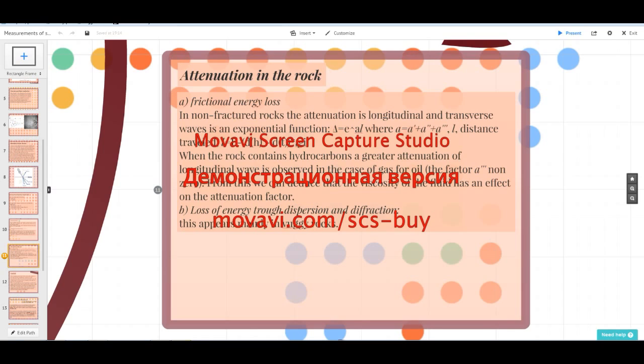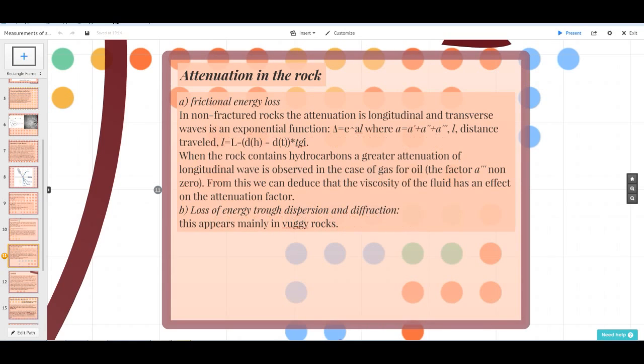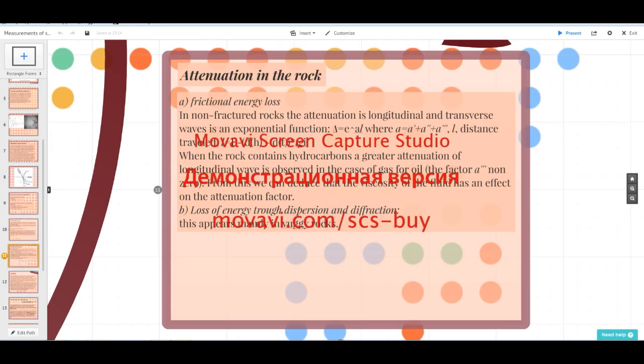In the case of gas or oil, the factor A is non-zero. From this we can deduce that the viscosity of the fluid has an effect on the attenuation factor. The second one is loss of energy through dispersion and diffraction. In sum, this appears mainly in vuggy rocks.